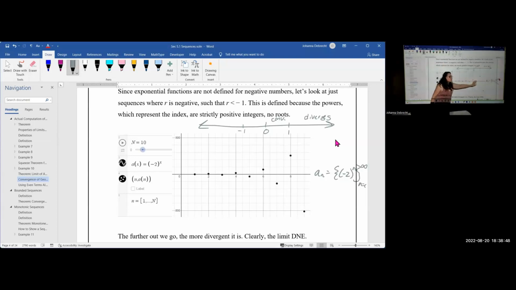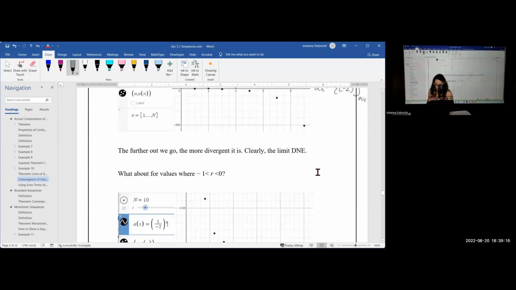So as n goes to infinity, they oscillate bigger and bigger. The oscillation grows larger and larger, which means that the sequence is not going to converge to any particular value. So in that case, the limit does not exist, and we would say that it diverges in this region as well.